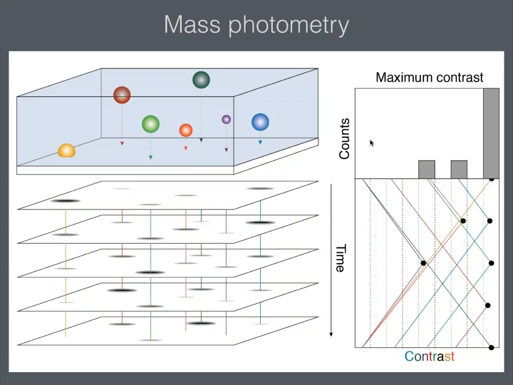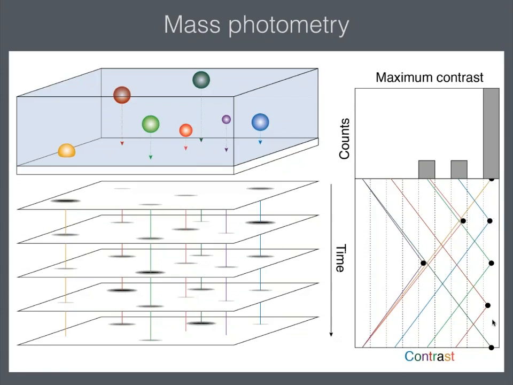Time goes down from top to bottom here, whereas for some, the contrast increases and then decreases. What we really care about is the maximum contrast that any single molecular event returns, right? So this blue molecule here gives us maximum contrast in the 2nd frame and then decays.